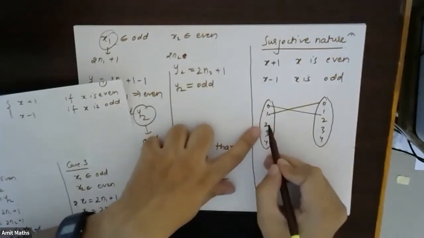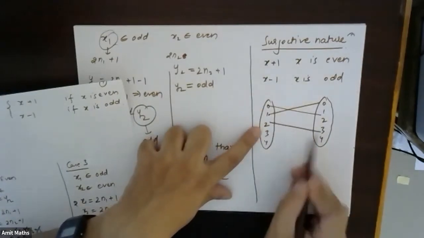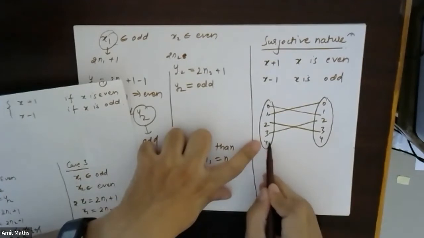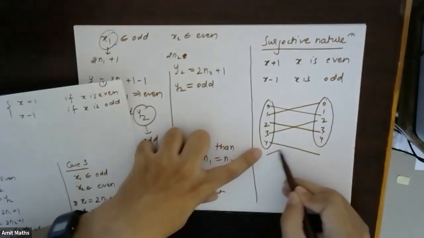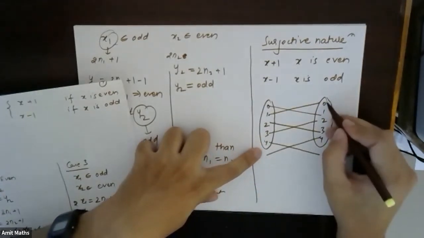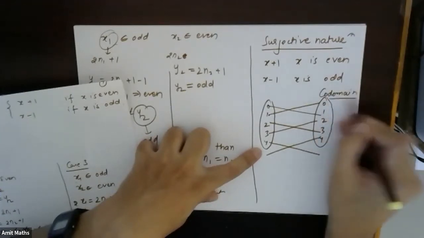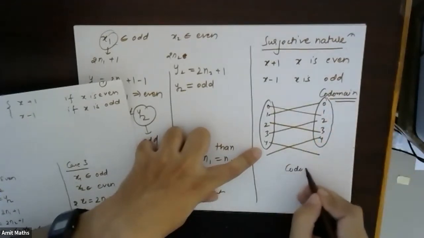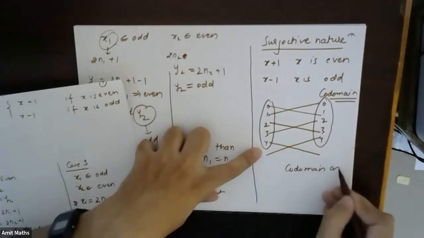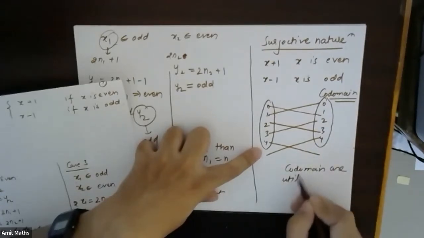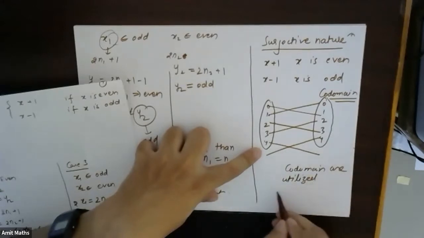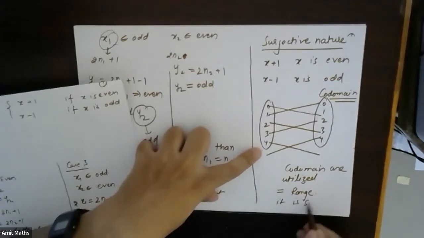When I substitute 2, it will map with 3, and 3 will map with 2. 4 will map with 5, and 5 will map with 4. So all the elements of the codomain are utilized, or all the elements of the codomain are equal to the range. Hence, it is surjective in nature.